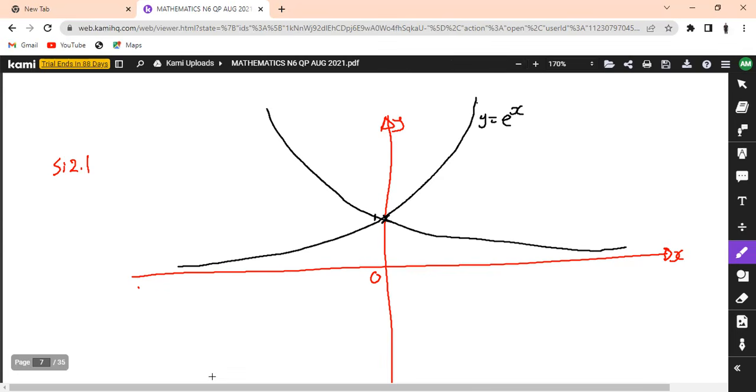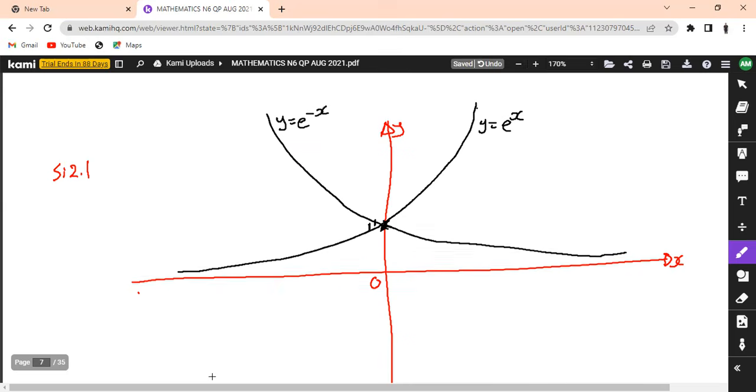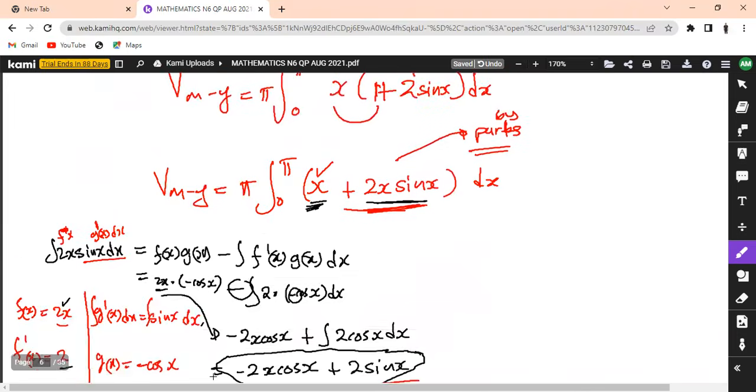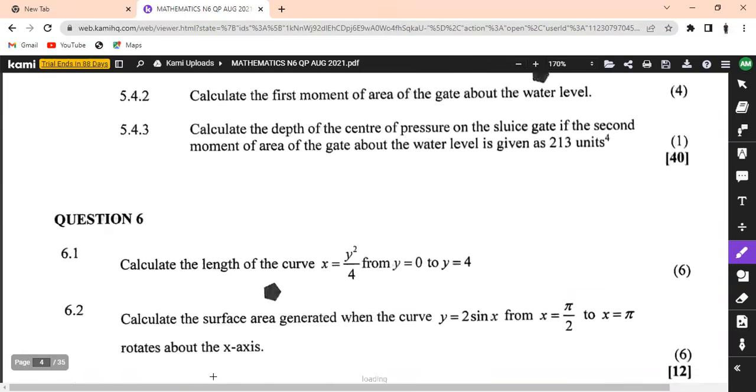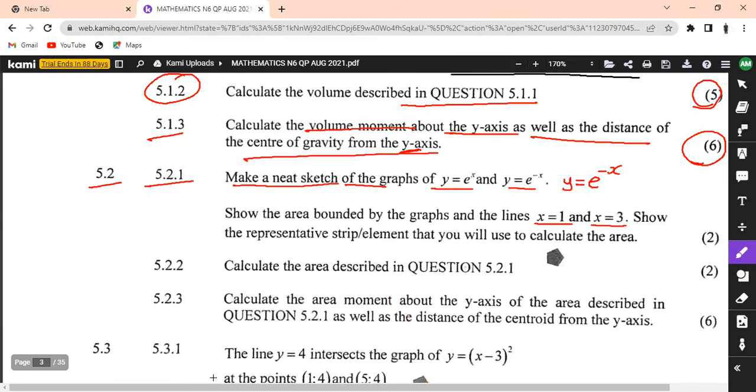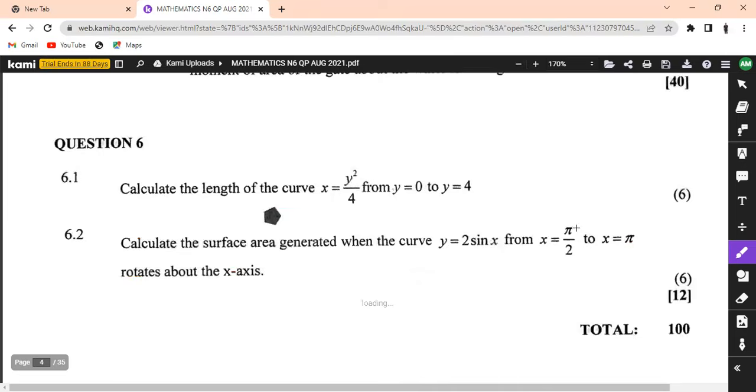And this is y is equal to e to the exponent of minus x, passing through the point where y is equal to 1 at this point. The lines we are given to have the area bounded between are x is equal to 1 and x is equal to 3. So that is what you're given in this case.